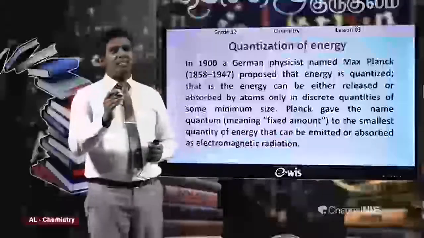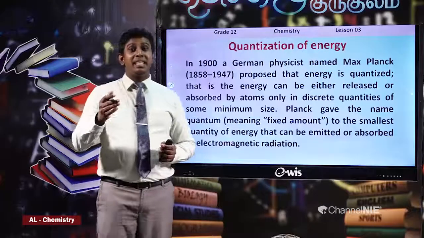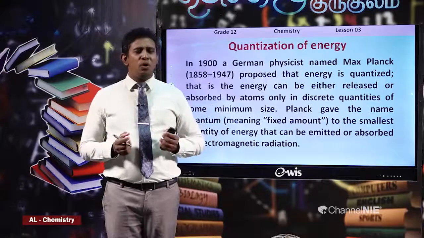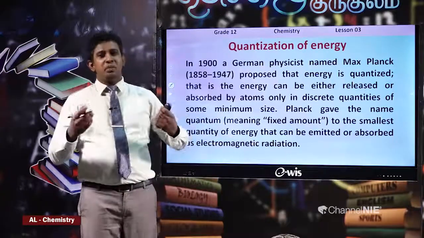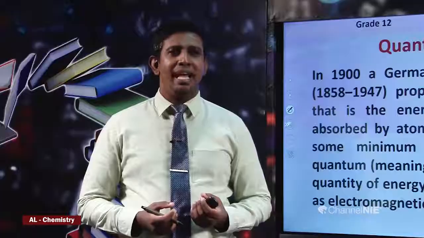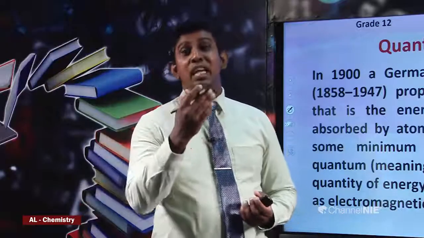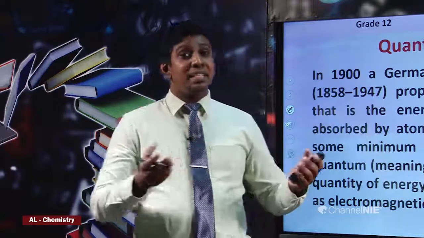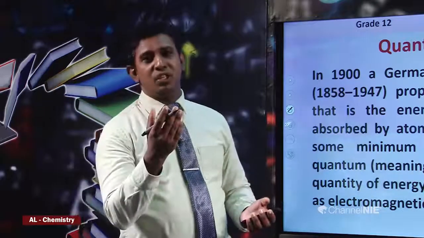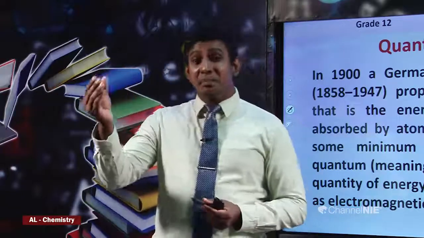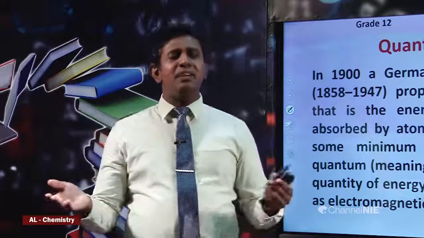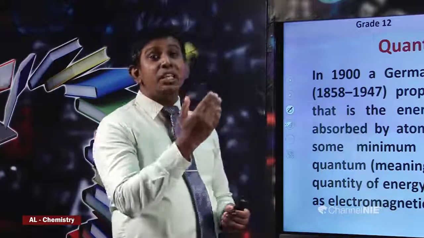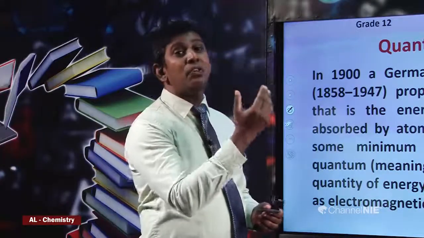When energy is absorbed by cold matter, or when energy is released by hot matter, in the form of electromagnetic radiations, this energy would be quantized. Quantized means discrete amounts of energy. That was his idea. It was not a continuous amount of energy.